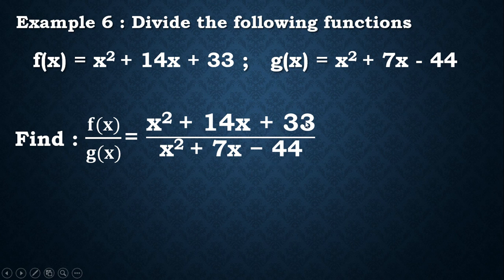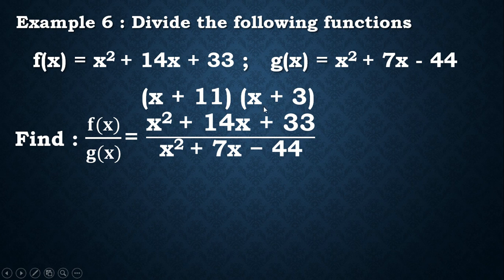And then we have to factor x squared plus 14x plus 33. You have to find two numbers that, if we multiply them, 33 will be the outcome, and if we find their sum, 14 will be the outcome. And then we have the quantity of x plus 11 and the quantity of x plus 3.